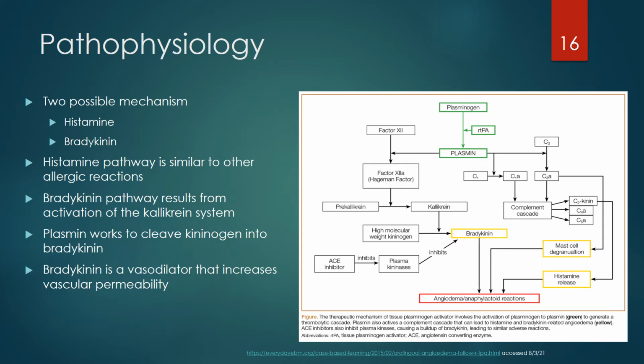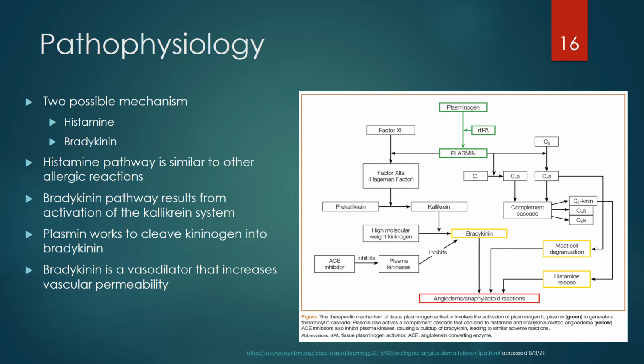As you can see on the left side of the chart, you get an increase in kallikrein. High molecular weight kininogen gets cleaved into bradykinin, and it's this increase in bradykinin which causes this angioedema.